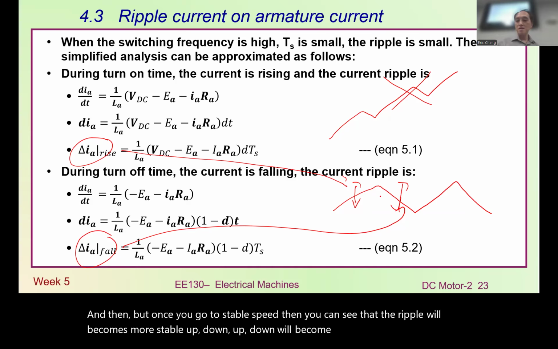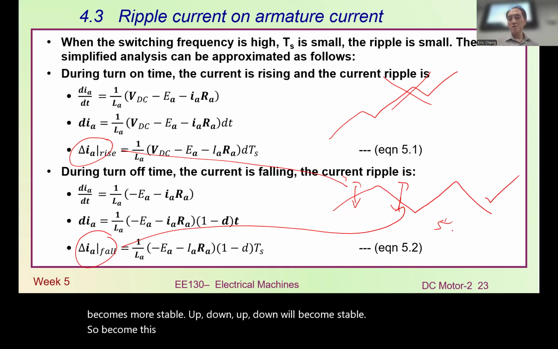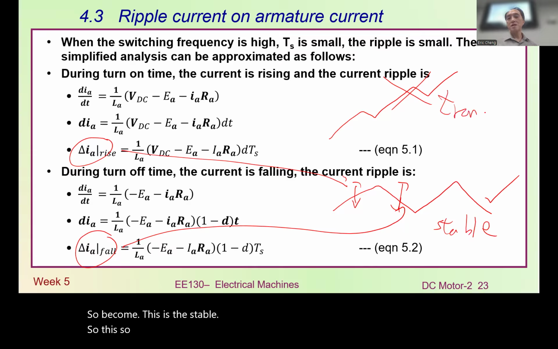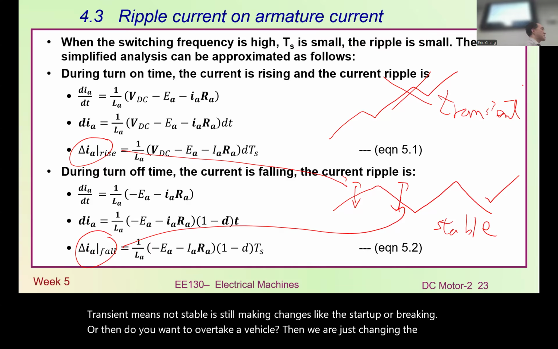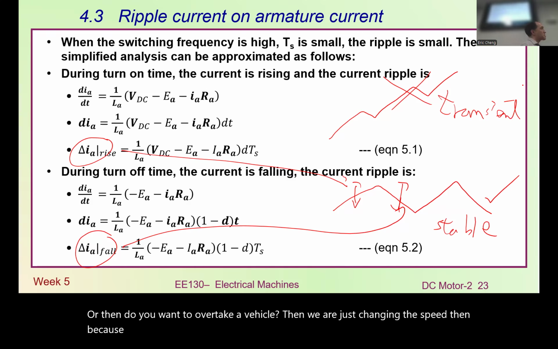So this is the stable part, and this is so-called transient. Transient means it's not stable, it's still changing, like start up or braking, or when we want to overtake a vehicle and are changing the speed. But once the motor becomes stable, the ripple also becomes stable.